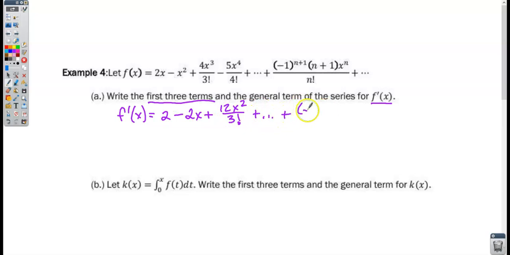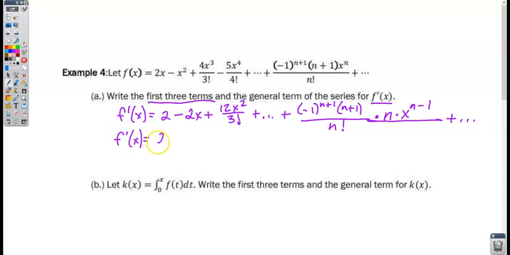My general term, the alternator is going to stay there. All right, and the derivative of this term is going to be, let's see, all this constant stays there for now, and then the derivative of x to the n is going to be n times x to the n minus 1. All right, so now let's clean this up a little bit. We've got f prime of x equals 2 minus 2x plus 2x squared, it looks like, 12 over 6.